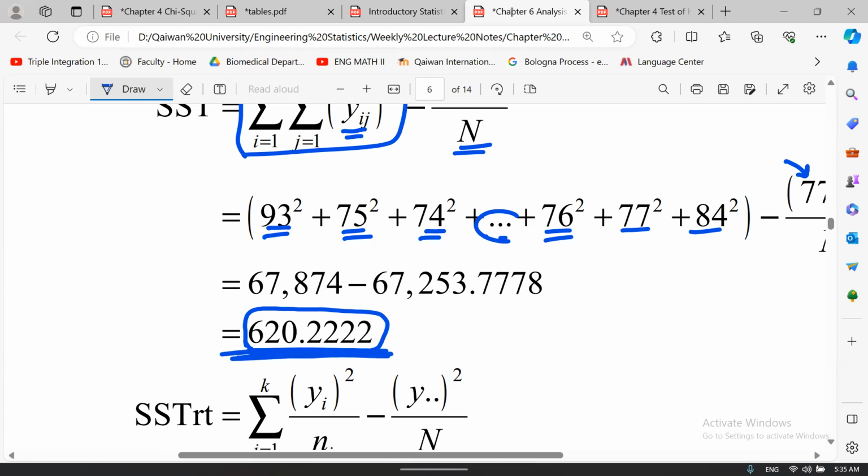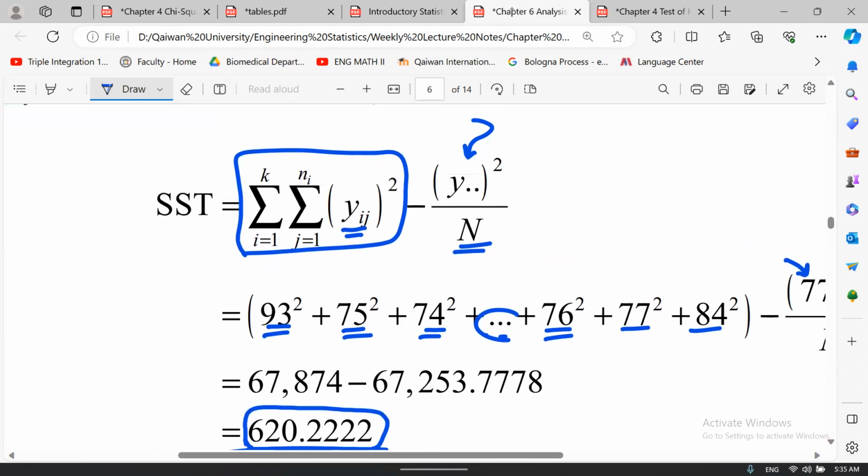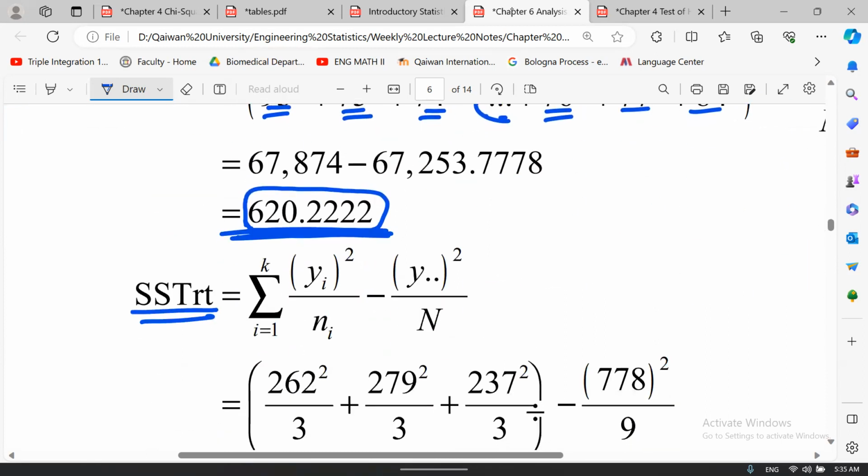620.222. Okay, this is SST, and you can also find SSTRT. SSTRT is yi dot squared dividing by ni.